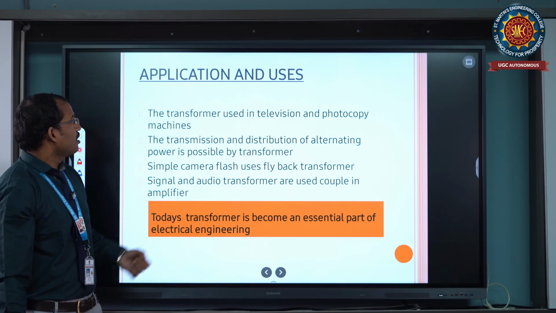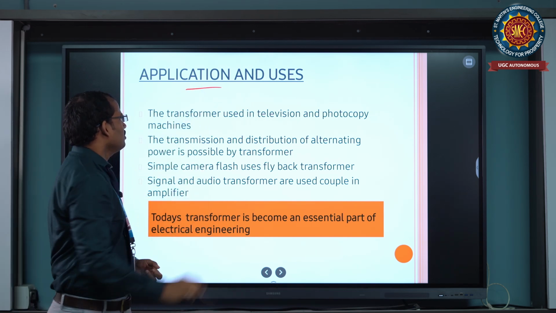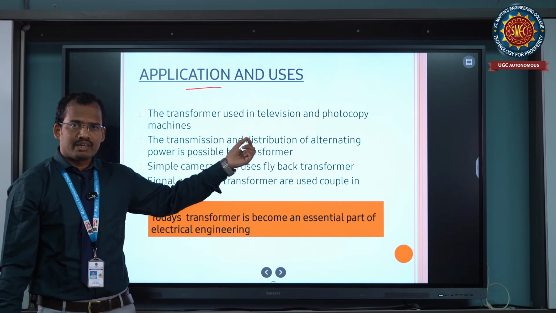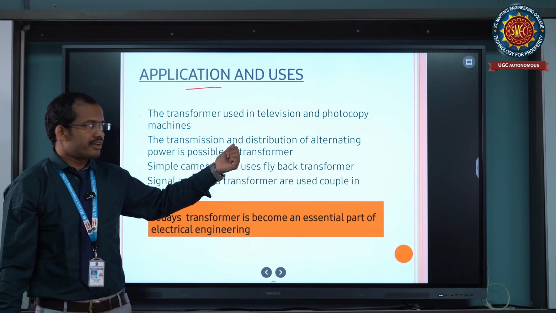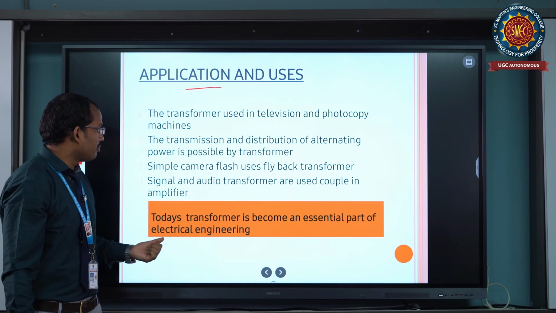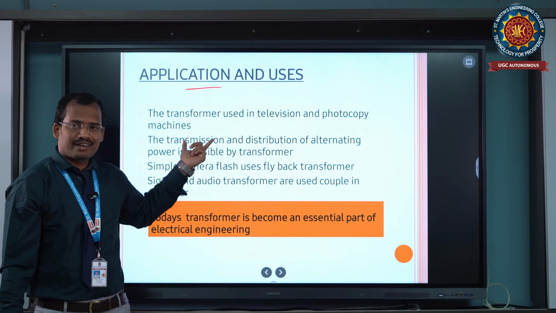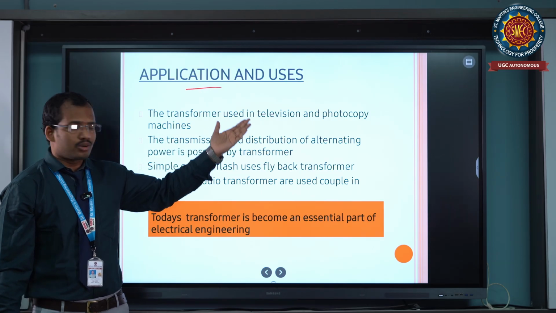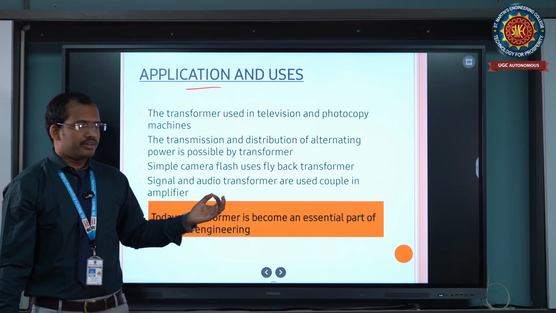Next, the basic applications of the transformer. Majorly we use transformers for low voltage applications and high voltage applications. High voltage applications are domestic purpose and industrial purpose applications. And low voltage applications are electronic devices, like televisions, photocopiers, signaling, and radios.